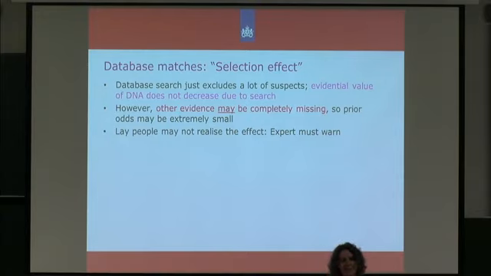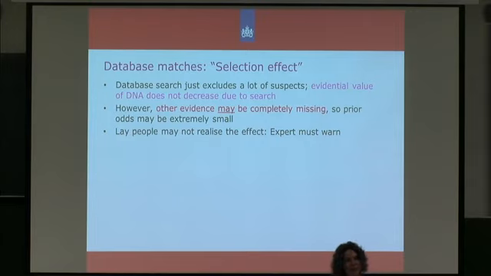What is different is the other evidence in the case. If you look at the other evidence in the case, it may be completely missing if you find a suspect through a database search. So that means that the prior odds of this person being the source of the stain can be extremely small. And that's special about these database search scenarios.